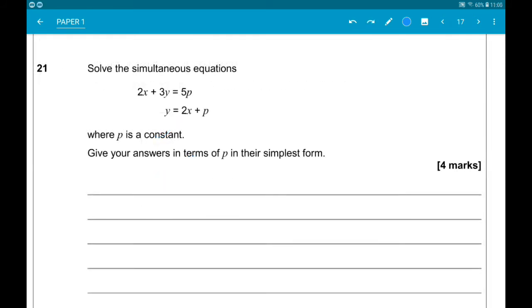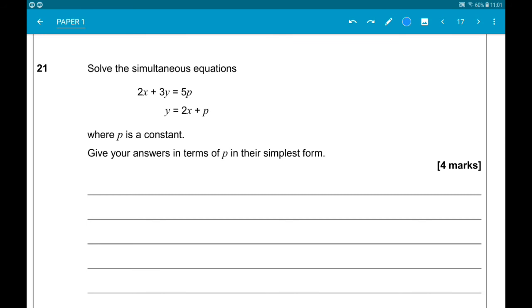Number 21. Solve the simultaneous equations 2x add 3y is 5b and y is 2x add b, where b is a constant. Give your answers in terms of b in their simplest forms. Okay, bit of a strange one. So, because the second equation tells us what y is in terms of x, we're going to substitute that into the top equation.